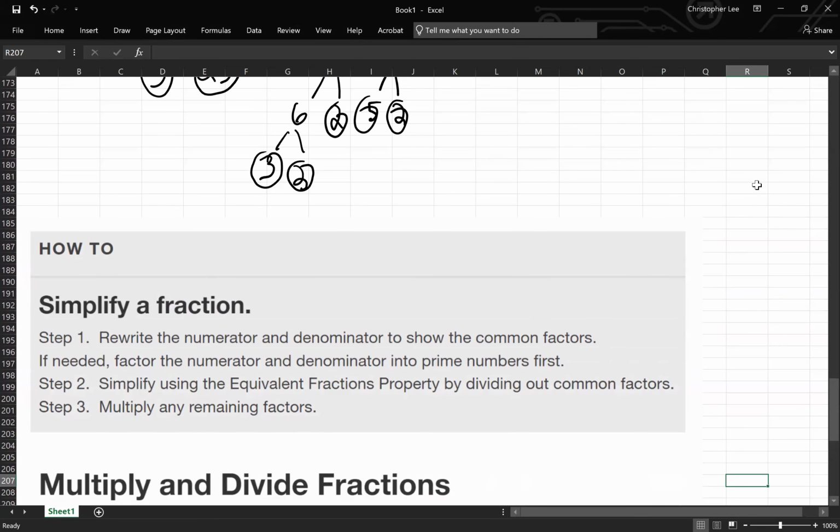This is how you do it, right? Step 1, rewrite the numerator and denominator to show the common factors, right? If needed, factor the numerator and denominator into the prime numbers first, right? Step 2, simplify using the equivalent fractions property by dividing out the common factors. That's the part where what number on the top is the same as on the bottom and you cross them out, right? And then step 3, multiply the remaining factors together to get the overall answer. Right? Any questions on this?